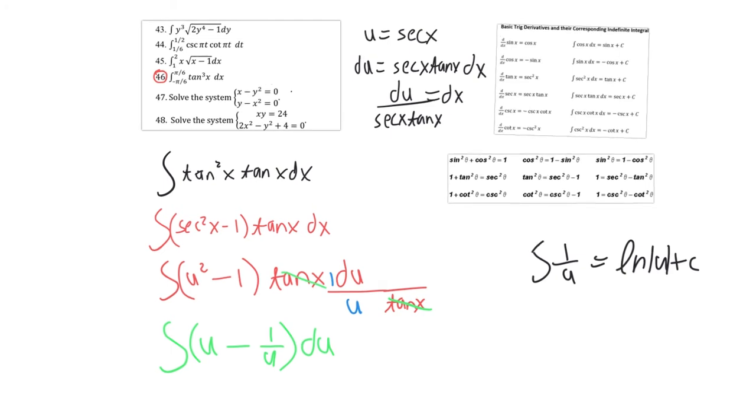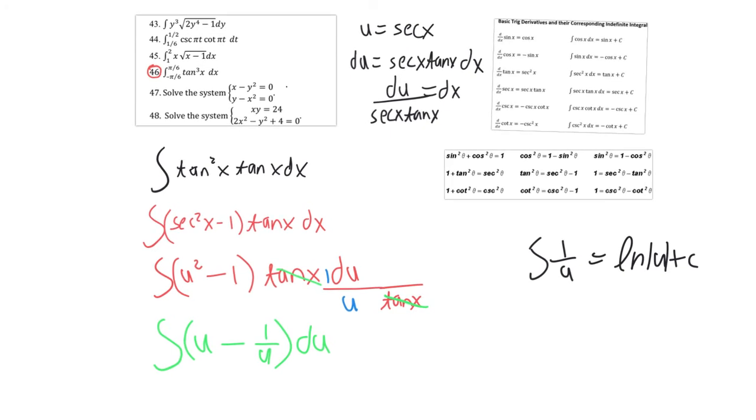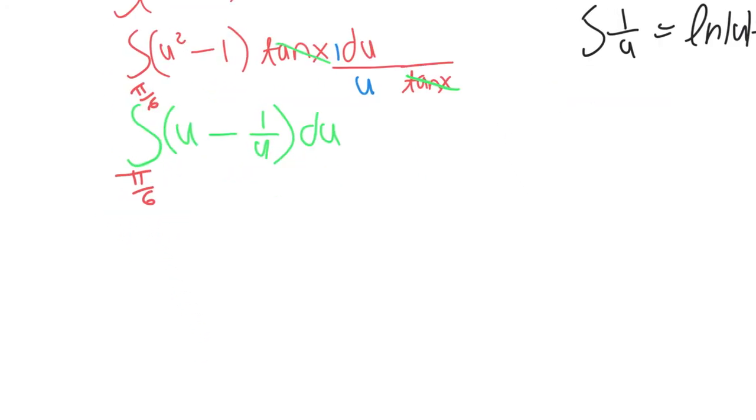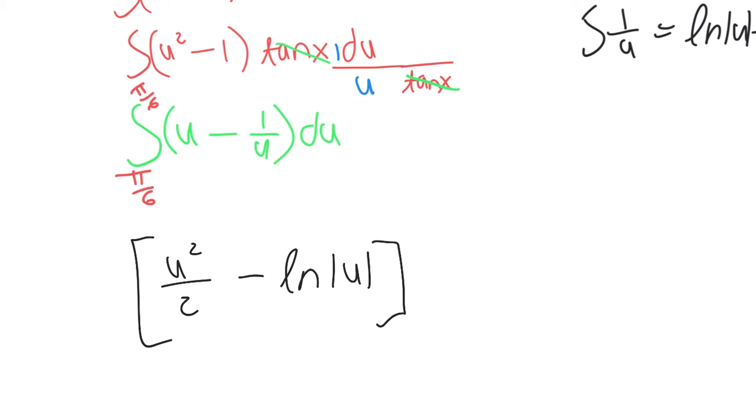I say we go ahead and pull the trigger on the antiderivative, and let's now also just remind ourselves that we have these bounds. So when we perform the antiderivative, it's going to become u squared over 2 minus ln absolute value of u, and then we have pi over 6 and negative pi over 6.